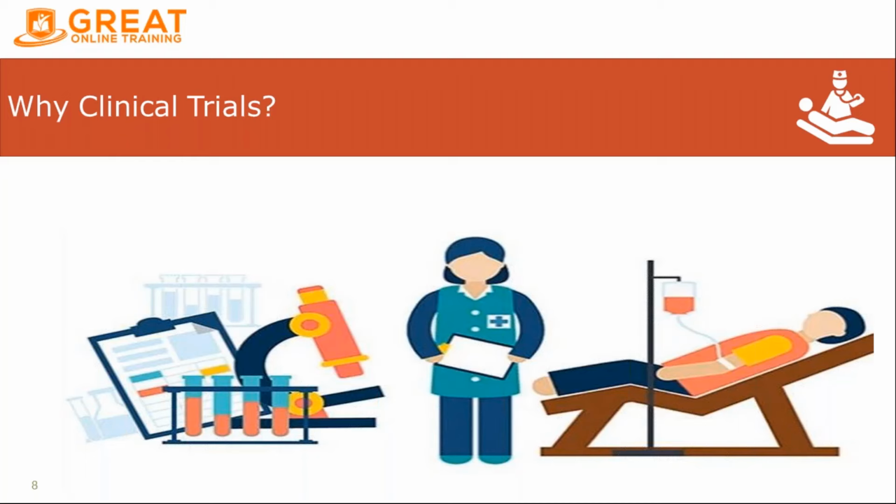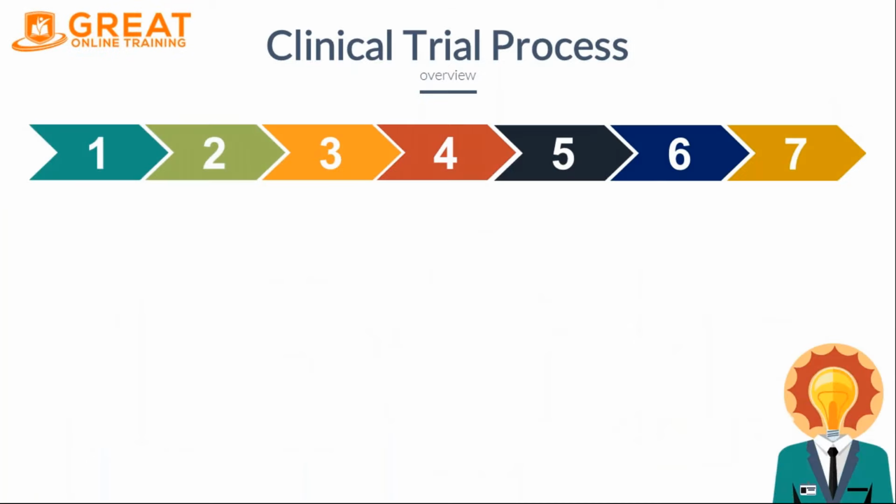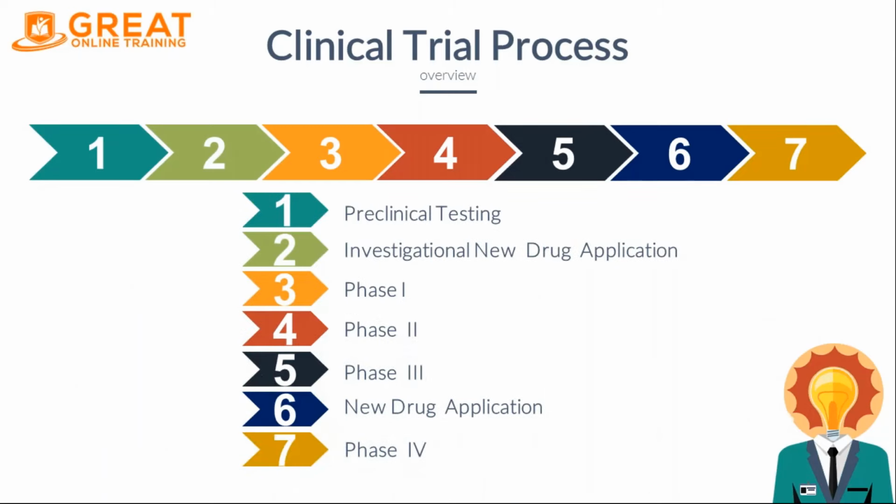Moving to next slide, clinical trial process. It begins with preclinical testing. What is preclinical testing? Preclinical testing is conducted in animals. It's a stage of research that begins before clinical trials can begin, performed on animals, and it is required before clinical trials in humans can be started.